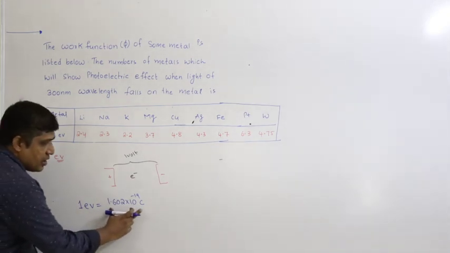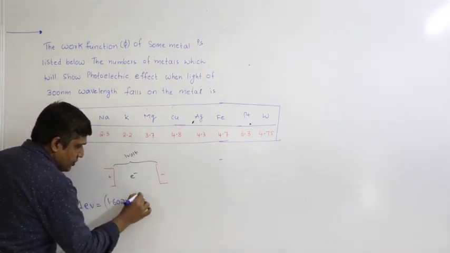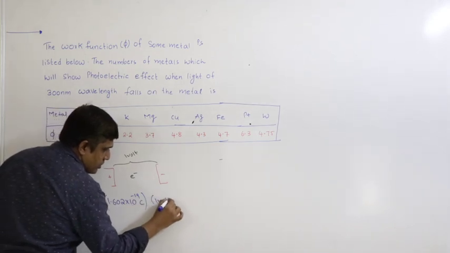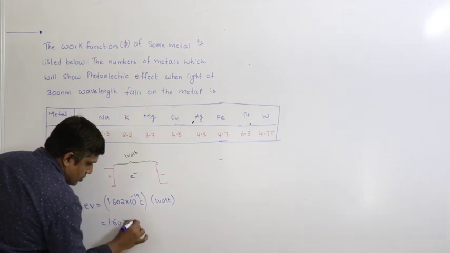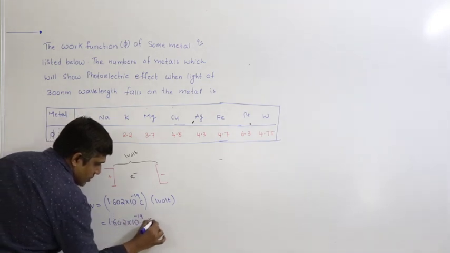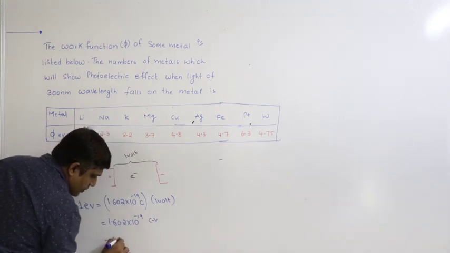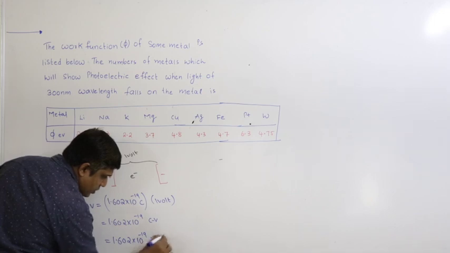So the charge on the electron, 1.602 × 10^-19 coulomb, times the applied potential, that is 1 volt. So what I will get is 1.602 × 10^-19 coulomb volt. 1 coulomb volt is nothing but 1 joule.